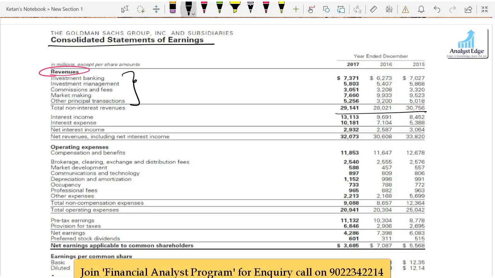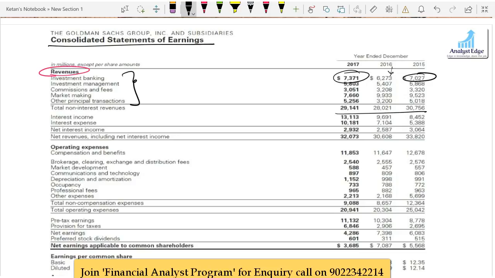So if I look at the numbers out here, it looks okay to me. I do not see any kind of shoot up in the revenue. I think it's more or less stagnant from 2015 to 17. For the last 3 years, the bank has been meeting the benchmark, I would say. If you look here, it was 7 billion. Now here it's 7 billion. There's a little drop, but that's okay.